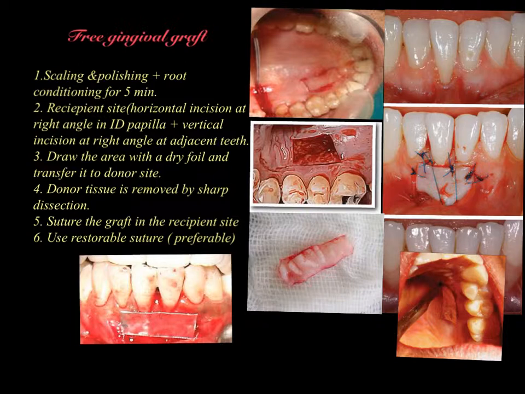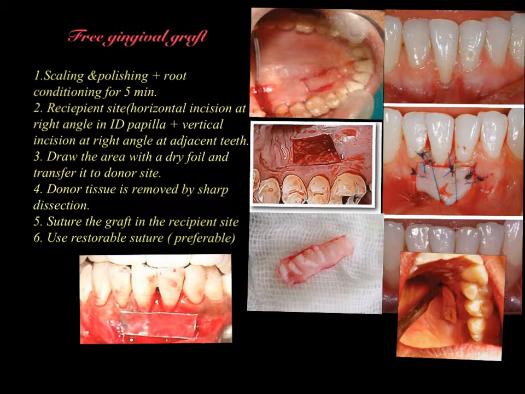But the important note is that we must ensure that we remove the epithelial surface layer from here and here, exposing the underlying connective tissue while ensuring that the periosteum remains intact.